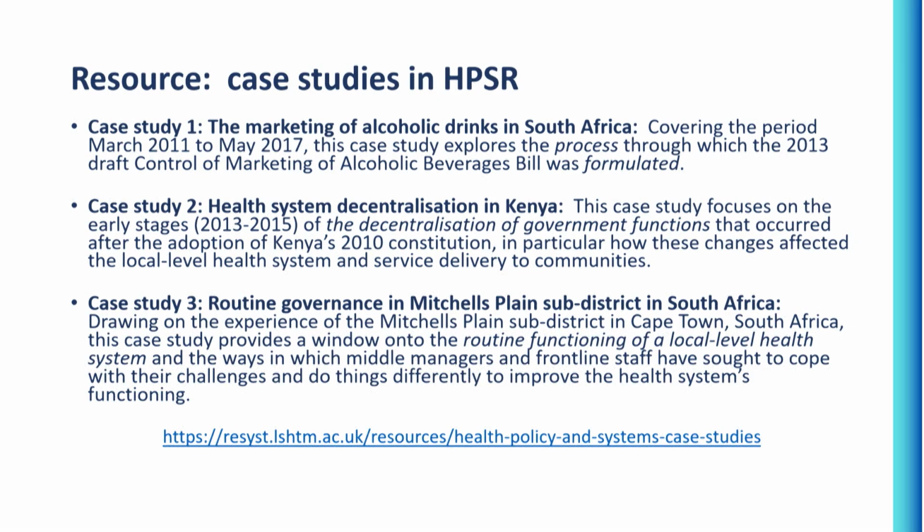And the third one is back to South Africa, and it's looking at routine functioning of local level health system and the ways in which middle managers and frontline staff have sought to cope with their challenges and do things differently to improve the health system's functioning. So this is probably a meso-level case study because they're looking at mid-level managers. So in this case, the case study is focused on a specific cadre of management.